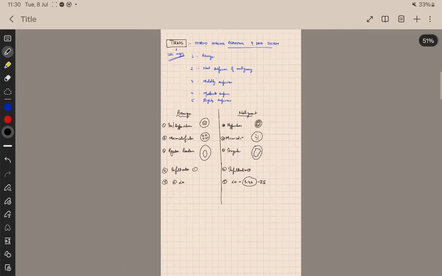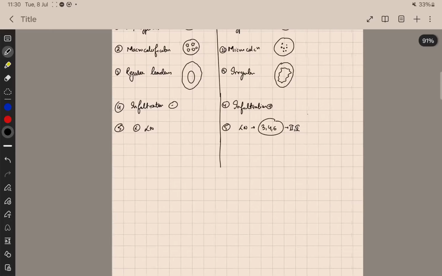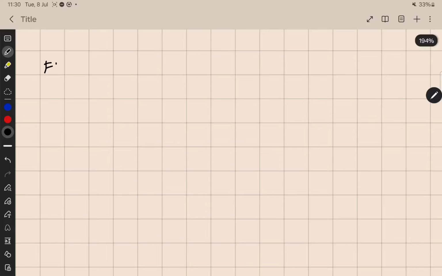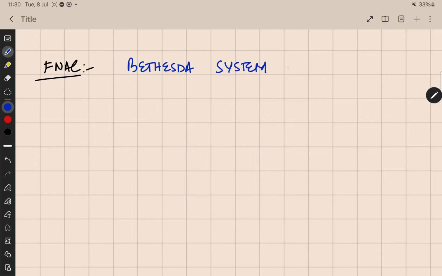So based on these features, we'll further go for the investigation of choice for any thyroid swelling, that is FNAC, fine needle aspiration cytology. So in case of thyroid nodules, Bethesda system of classification is used for FNAC criteria.